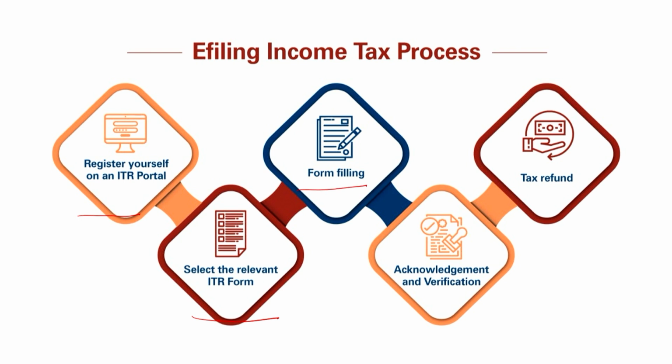Then you need to fill up the form by mentioning your details, your income details, your deductions as well as exemptions, and the information related to the tax deducted at source. You need to fill up all those details for the purpose of calculating your actual tax liability.